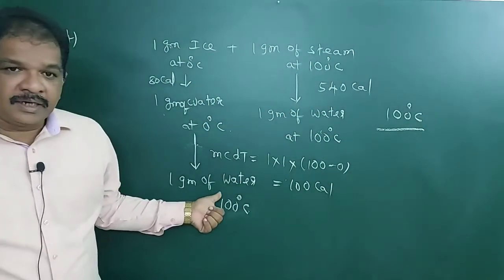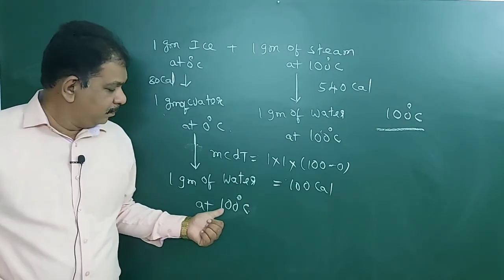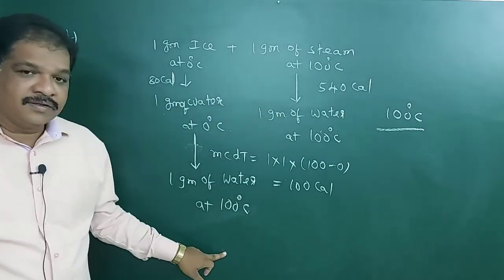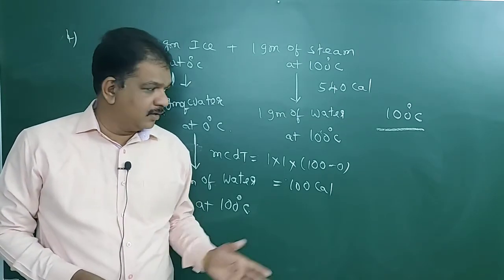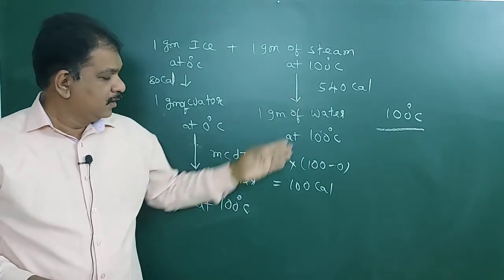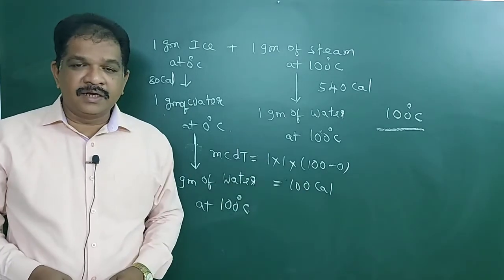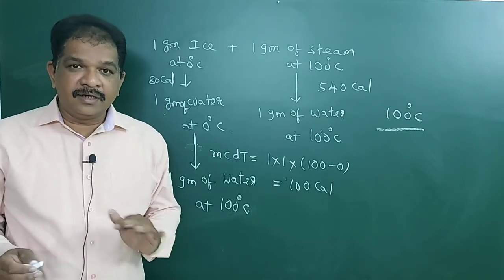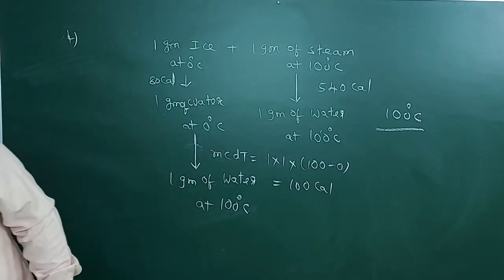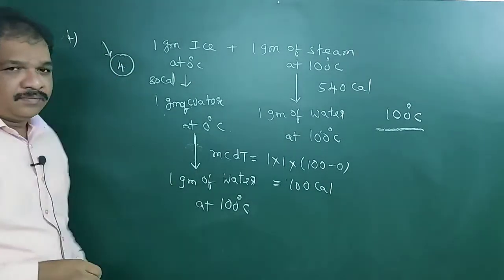Again, what will be its next stage? 1 gram of steam at 100 degrees centigrade, but that much heat energy is not there. To convert this again, 540 calories is required, but 180 is already used, and 540 calories is not there, so it won't convert into steam. So in thermal equilibrium, the common temperature is 100 degrees centigrade. Okay, so that is about the fourth question. So for the fourth question, the answer will be the fourth option.